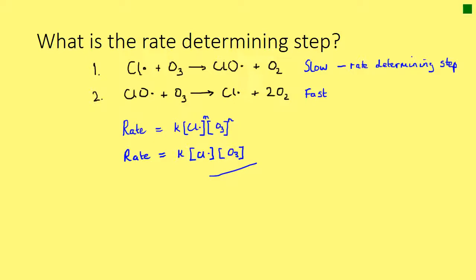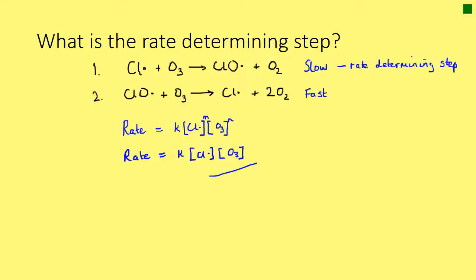So let's now have a look at an example. The example we're going to use is ozone decomposing into oxygen, which is a reaction that's catalyzed by chlorine free radicals in the atmosphere. That reaction has 2 steps to it, and the first step would be written as this.